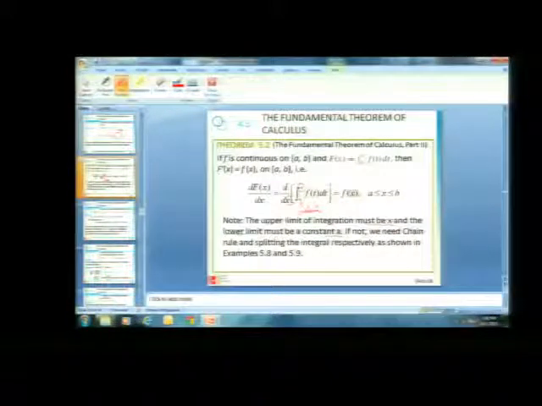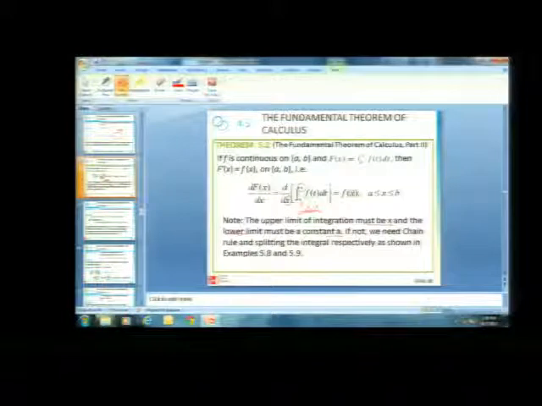All right? Then what if they are not? Can we apply the theorem? Well, directly you cannot, but indirectly we can. Maybe we can make use of the chain rule, and maybe we also need to split the integral into the sum of two integrals. After that, we can still make use of the fundamental theorem. This part will be shown in examples 5.8 and 5.9.